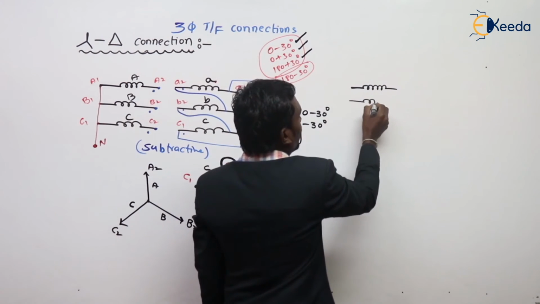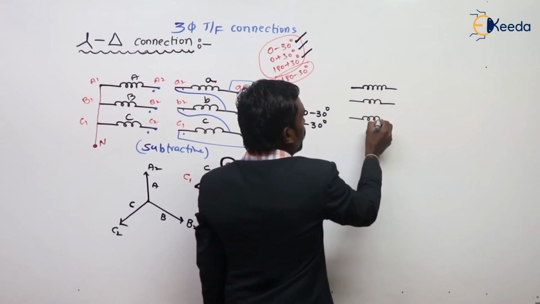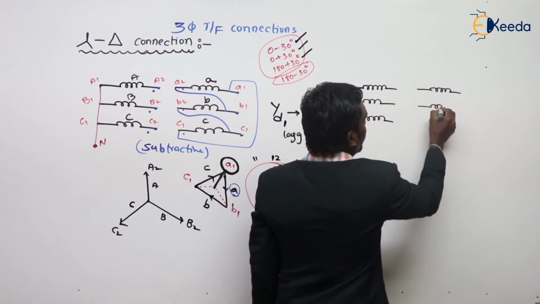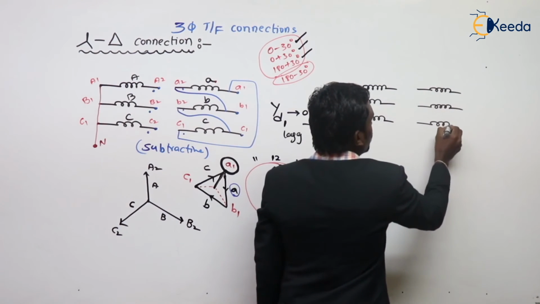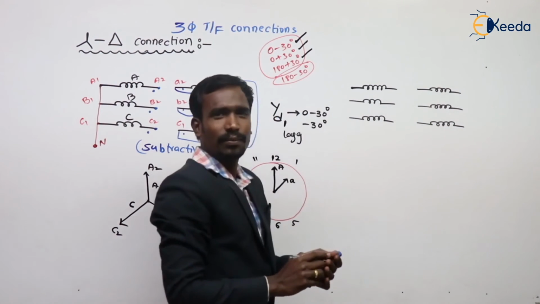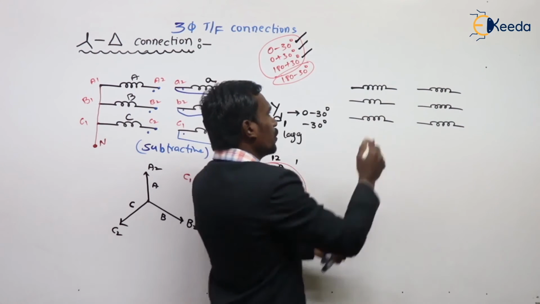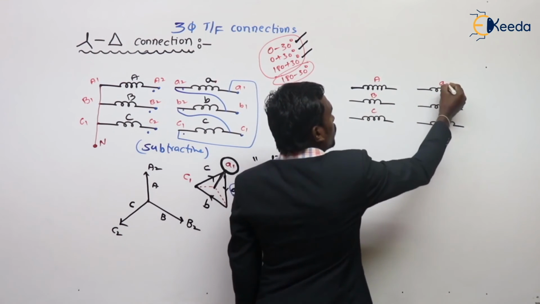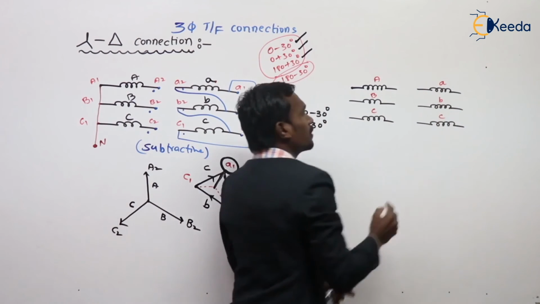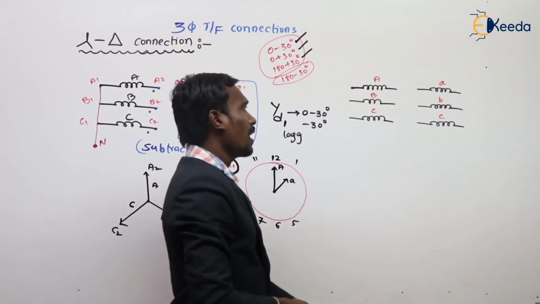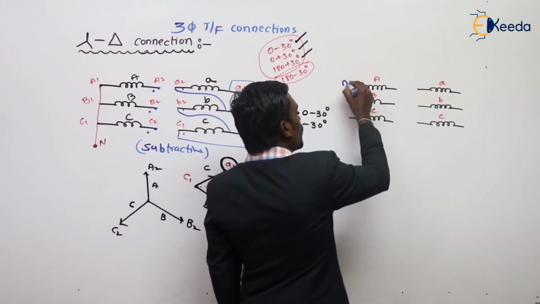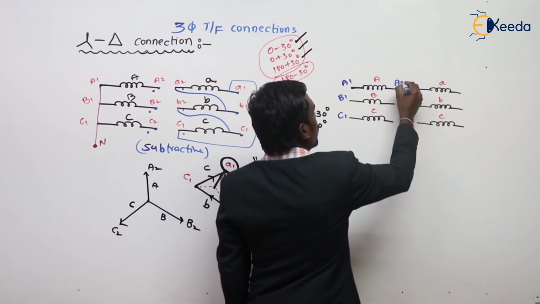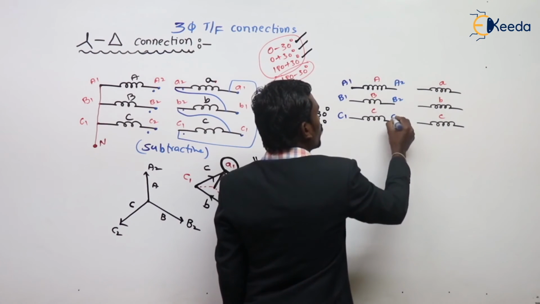These are the primary three-phase winding and the secondary three-phase winding. Of course, you know this is capital A, B, C, small a, b, c, and A1, B1, C1, A2, B2, C2.